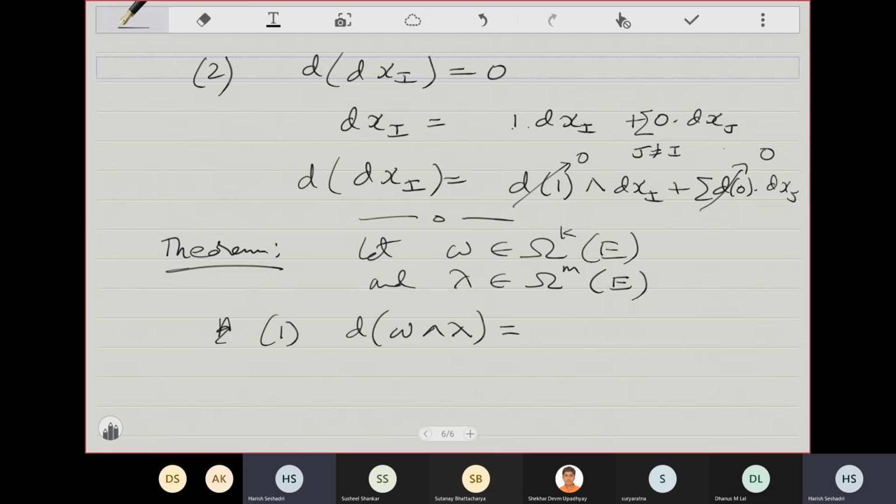So as I've been saying, I want some kind of Leibniz rule for forms. Now the multiplication here is the exterior multiplication. So the first term is okay. The second term, if it had been the usual Leibniz rule, it would be omega wedge d lambda. But it's not quite that. I'll get a minus 1 raised to k times omega wedge d lambda.